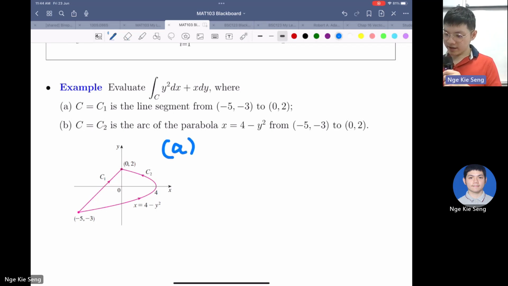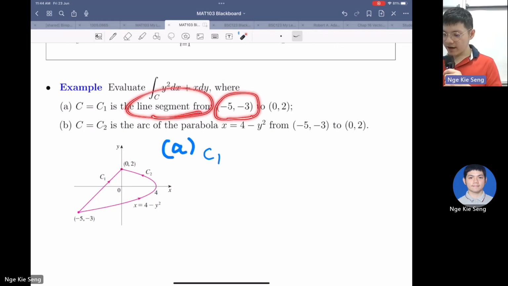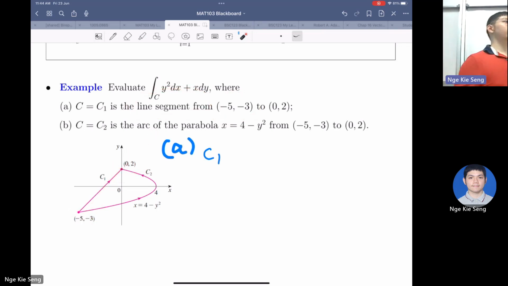So what is C1 in this case? C1 is a line segment from -5, -3 to 0, 2. So you see, this is the line segment. These are different points having different x and y. So how do you collect these points into one parameter?